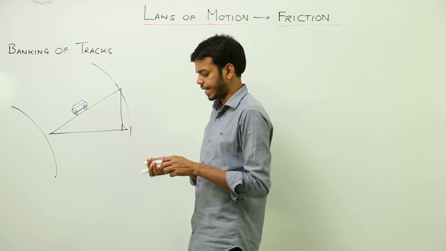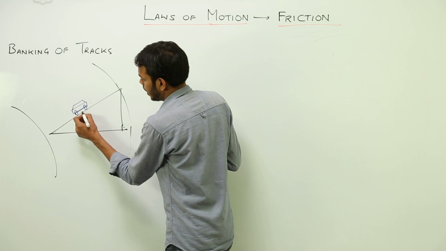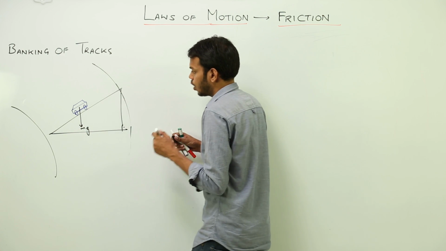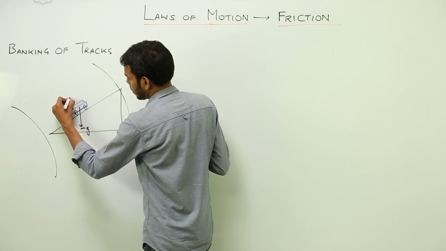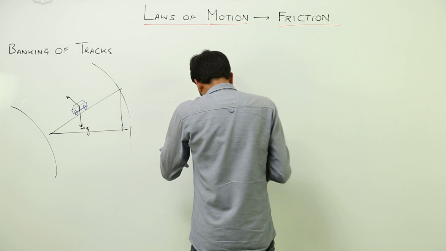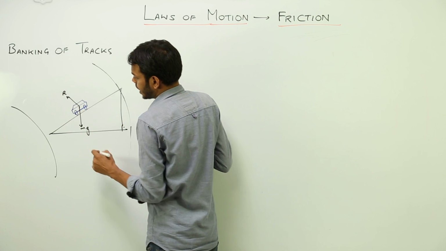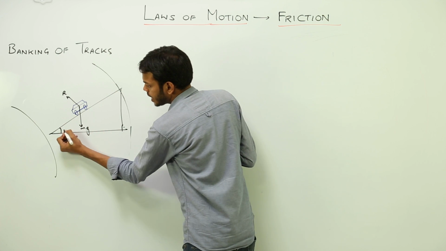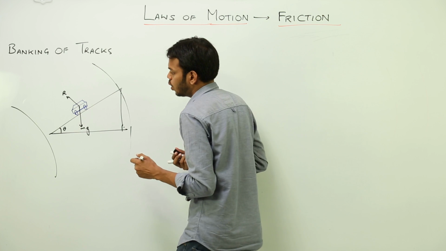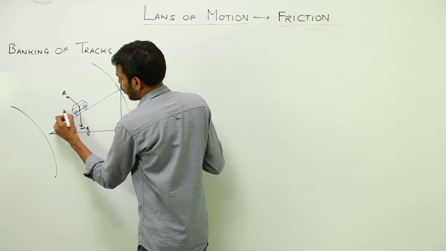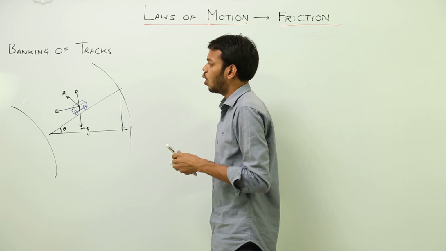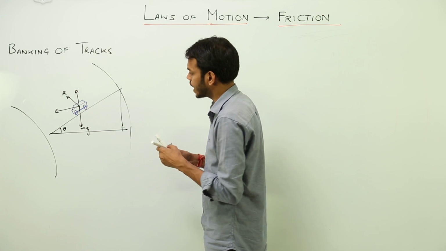What are the forces acting on it right now? First of all, weight mg, and the normal reaction R is in this direction. If the road is raised, that is, the outer edge is raised by angle theta, the components of R would be in this direction and this direction. Now, where is the frictional force acting?